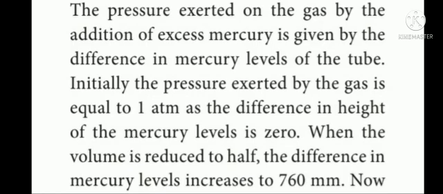In picture B, when the volume is reduced to half, the difference in mercury levels increases to 760 mm. Now, the pressure exerted by the gas is equal to 2 atmosphere.